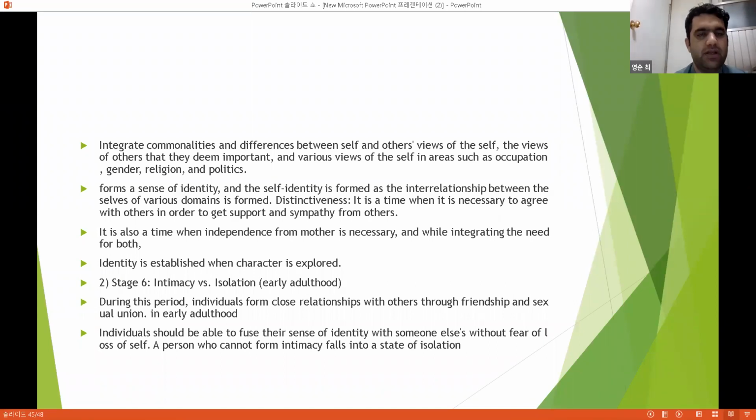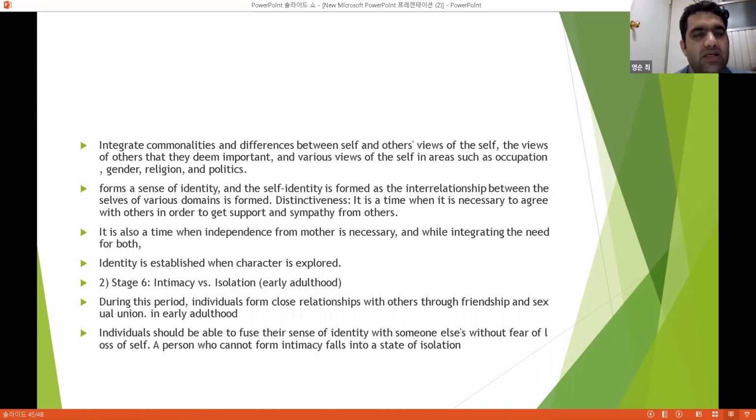As we said before, they integrate the commonalities and the differences between self and other views, the views that they see in others, and also what they deem important, and various views of the self in areas such as occupation, what they will be doing, gender, religion, and any politics that they are interested in.